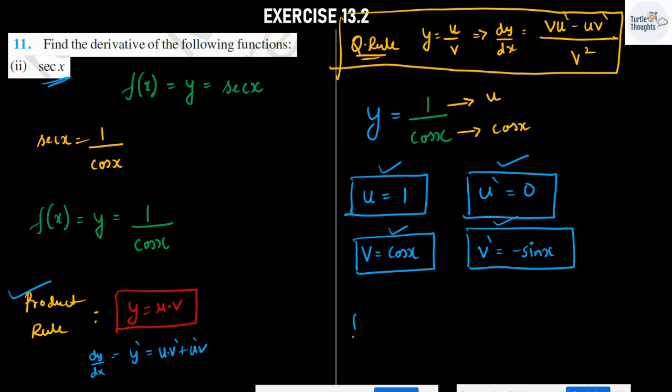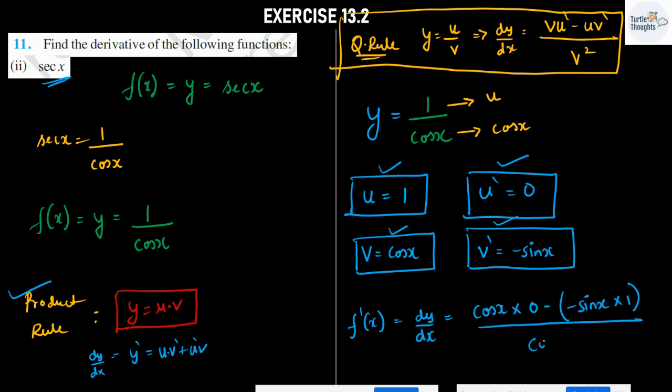So I can write f dash of x, which is also dy by dx, as v multiplied by u dash. v is cos x multiplied by u dash, which is 0, minus v dash, which is minus sin x multiplied by 1, whole divided by cos x whole square.